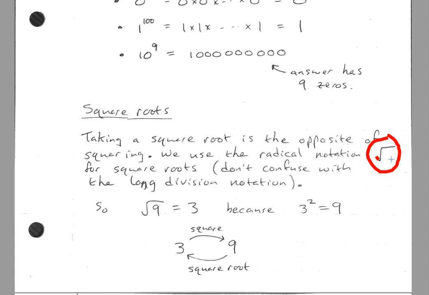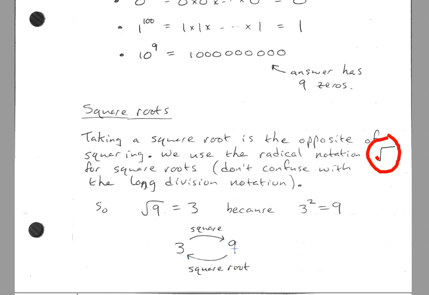So we have a radical. The idea is, I like this diagram. If you start with the number 3 and square it, you get 9. So 3 squared is 9, 3 times 3. For square roots, you're going backwards. So the square root of 9 is 3.